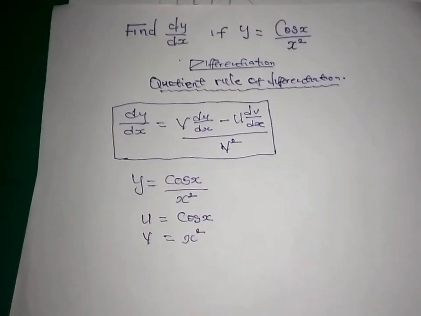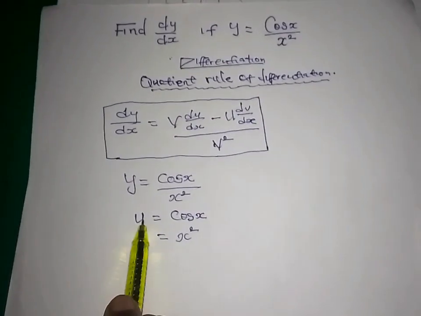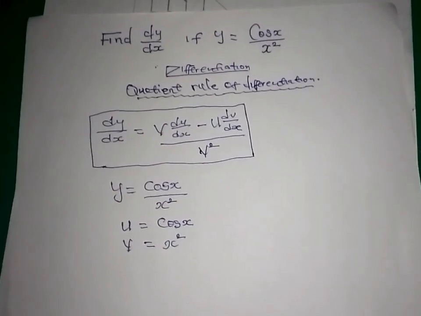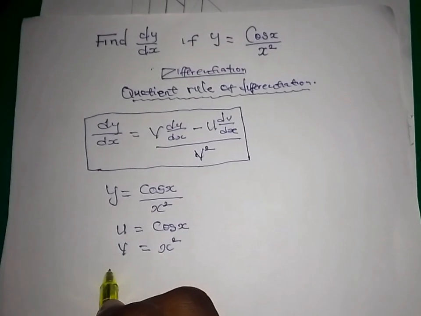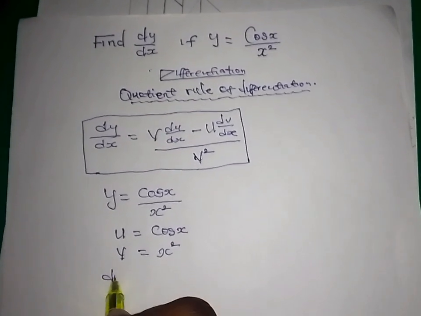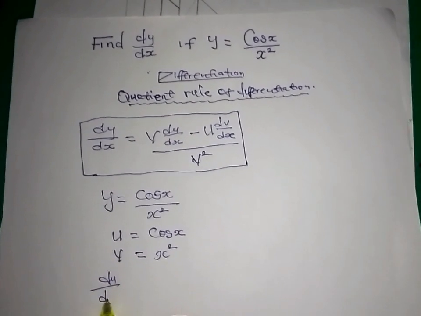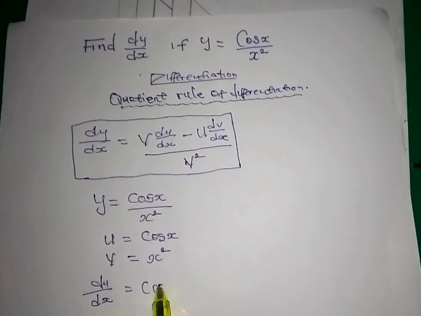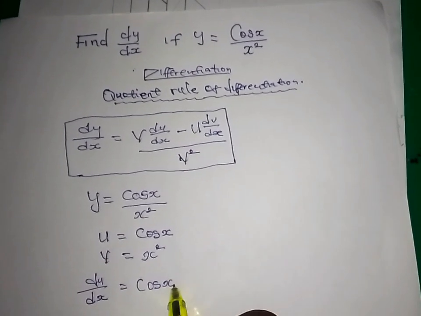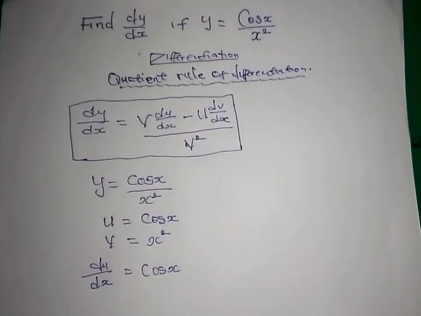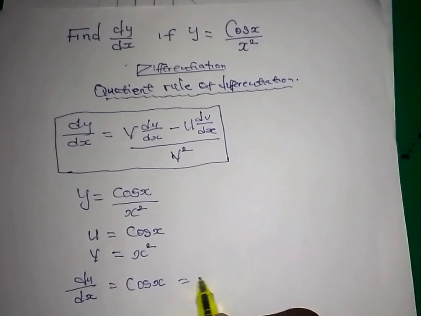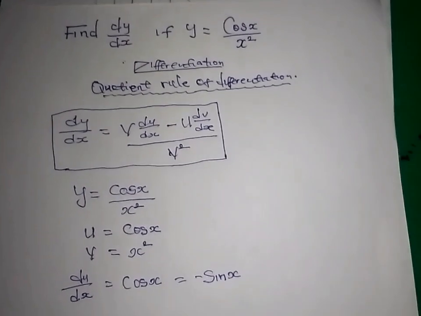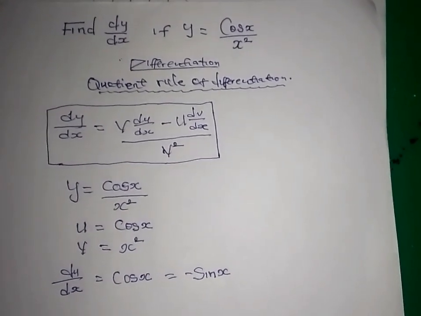Now, as we've known our u and v, now let's find the differentials. Let's find du all over dx, which is equal to cos x. And if we differentiate cos x, we'll be getting negative sine x.